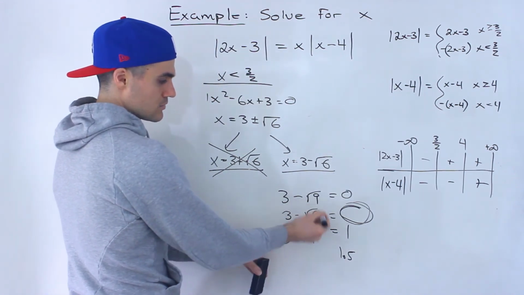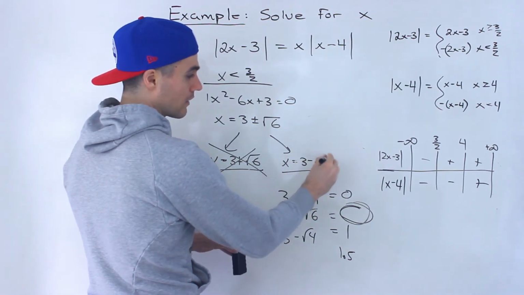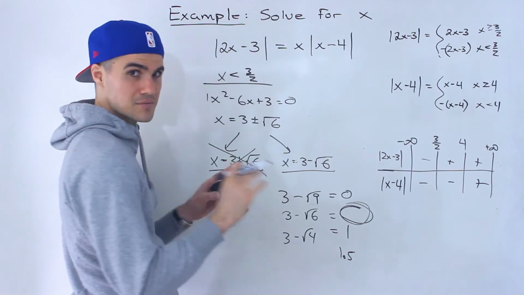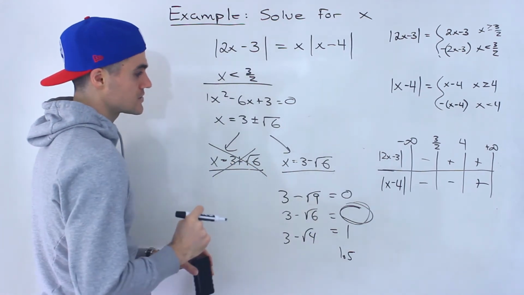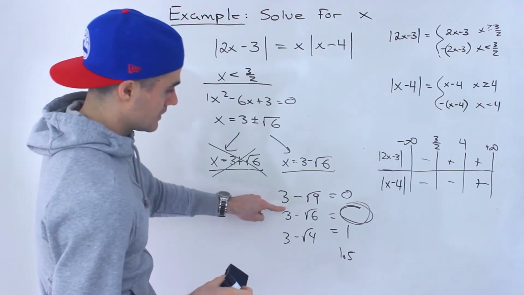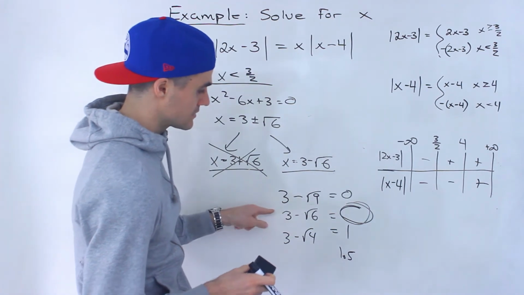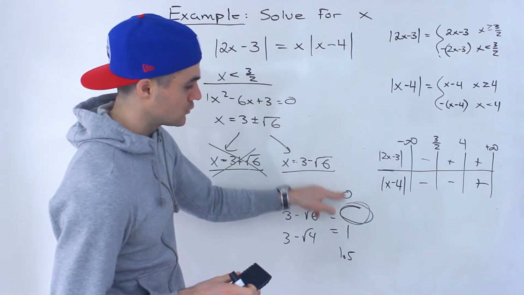Right? So sometimes you got to do this sort of work on the side and kind of work out where this is going to fall. Sometimes it's even tougher to figure out than just this. But notice that with this 3 minus root 9, 3 minus root 4, it's easy to tell that 3 minus root 6 is going to be between 0 and 1.